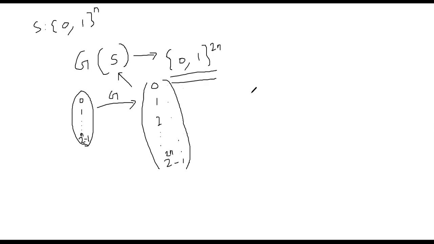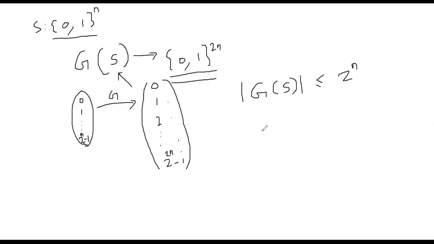So how many elements will be there in the set of all outputs produced by the generator G, no matter what S you plug in? Of course, S has to be an n-bit number. It can be at most 2 power n, because we call G for all possible values of S from 0 to 2 power n minus 1. Therefore, G of S will be mapping to 2 power n possible values.